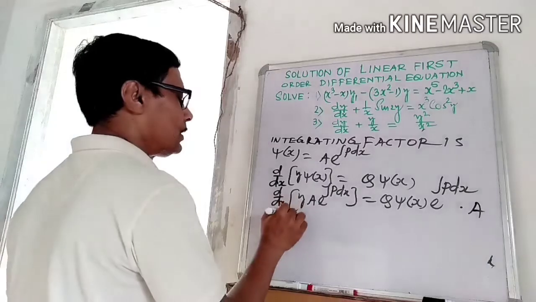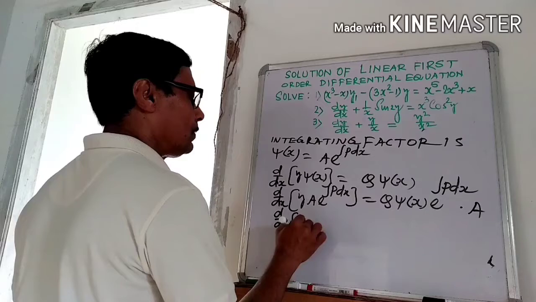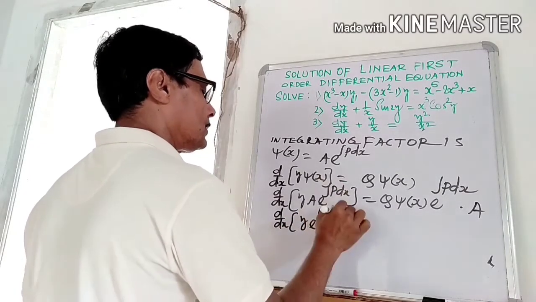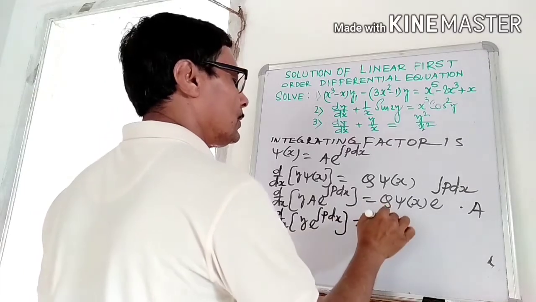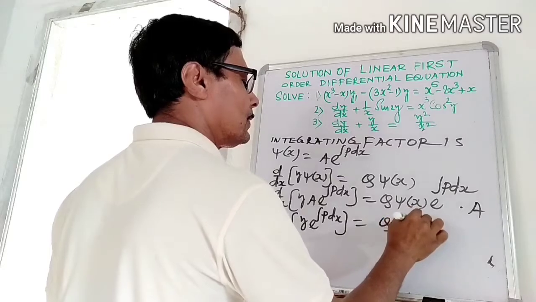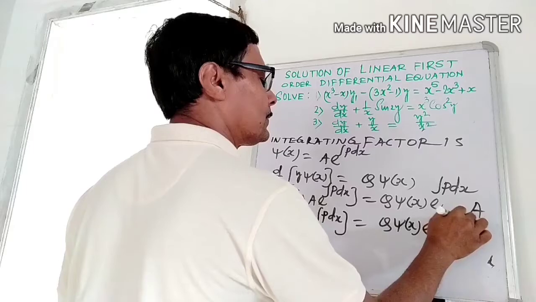So d/dx of (y e to the power integration p dx) = q e to the power integration p dx.